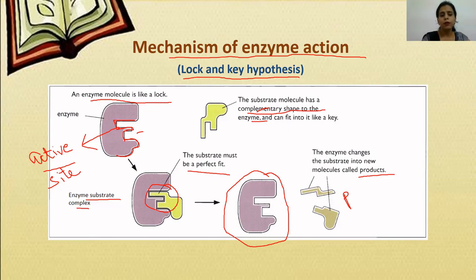The shape of the active site of the enzyme is complementary to the shape of the substrate molecule, hence the substrate molecule fits into the active site perfectly. Now the enzyme starts acting on the substrate molecule and breaks it down into products without undergoing any change or being used up in the chemical reaction.